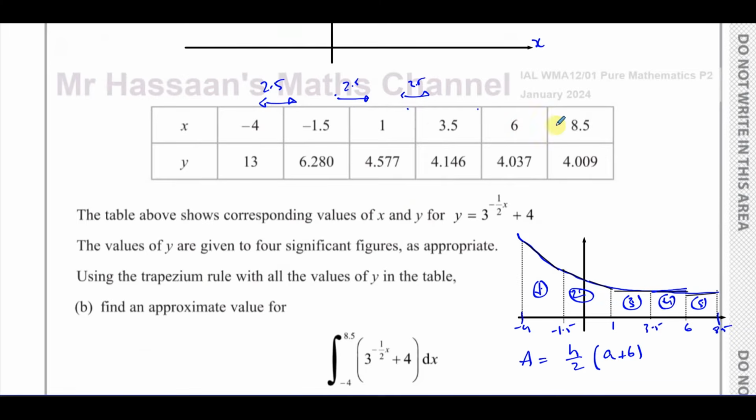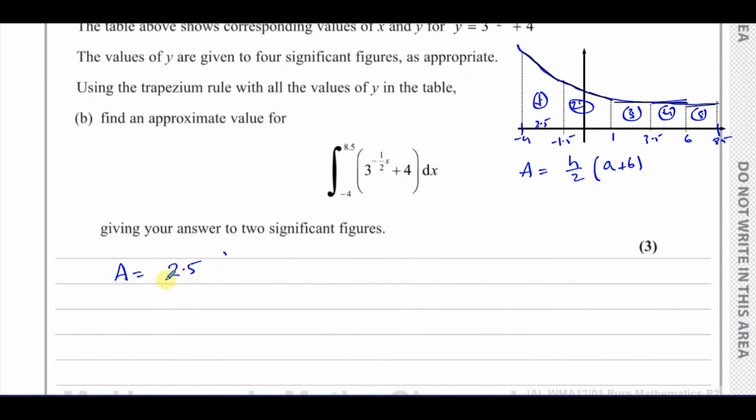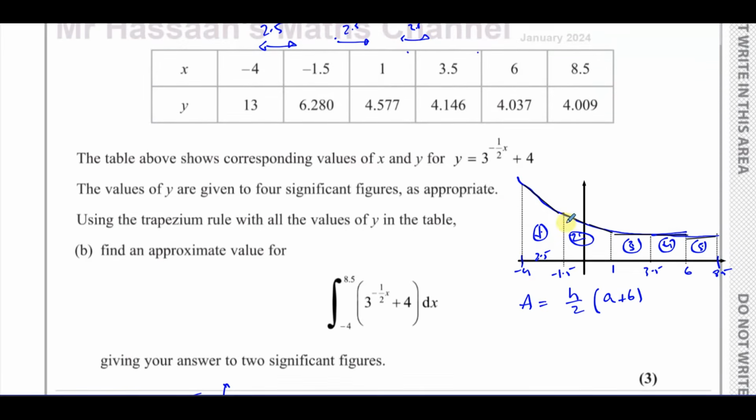Each of these is 2.5 wide. The gap between each of these is 2.5. So that's the width of each trapezium, and then you're going to have that divided by 2. So it's h/2. That's that part. Then you have the sum of the parallel sides of each of these trapeziums. If you look at the first trapezium, the y value represented by this is the length of that parallel side.